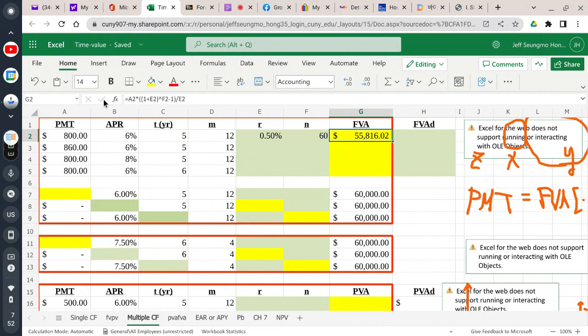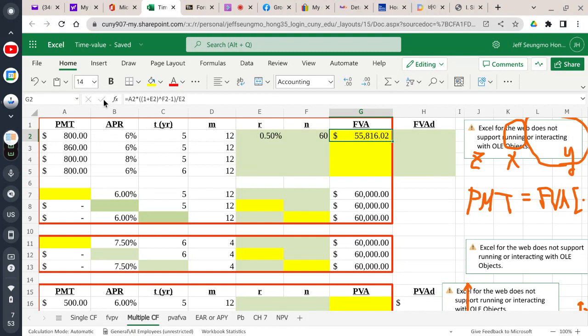But it's too soon to celebrate yet. Because some people might say, oh, hooray, I got it. You got what? You got the future value of those $800 annuities. But what situation are we in?